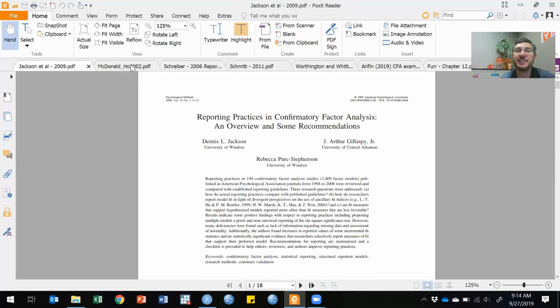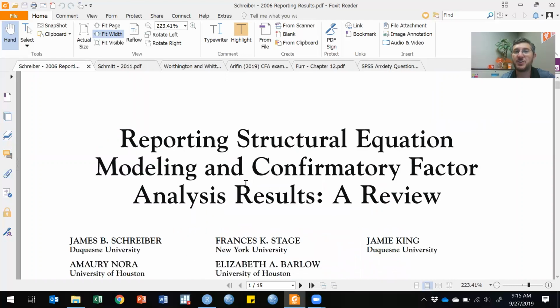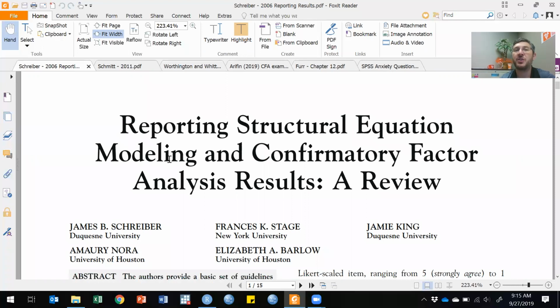That's what these next few articles do: this Jackson article, this McDonald and Ho article, the Schreiber article. These are all general overviews of how we would report our results from a structural equation model, or a confirmatory factor analysis, rather, and how we interpret some of the different fit indices that these programs report.